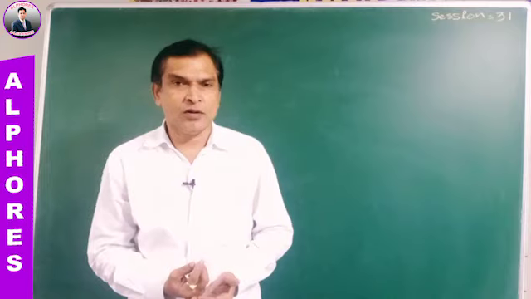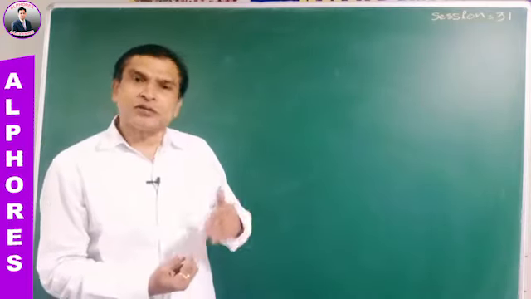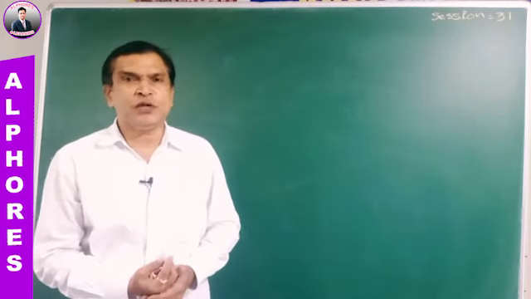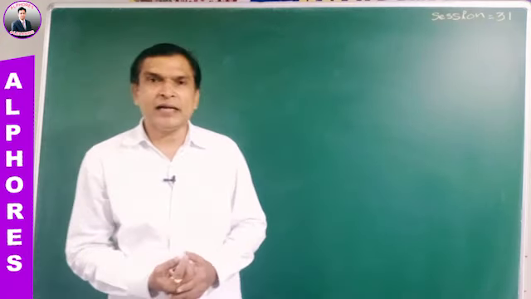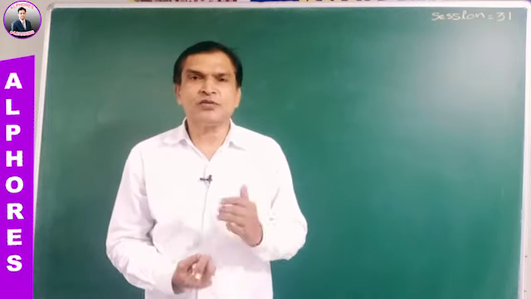Now today in this session we are going to take up the revision concepts of Schrödinger wave equation, quantum numbers, and questions based on orbitals. Okay, that is revision concepts.